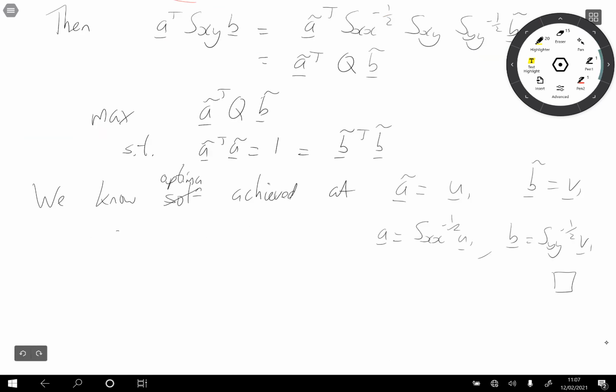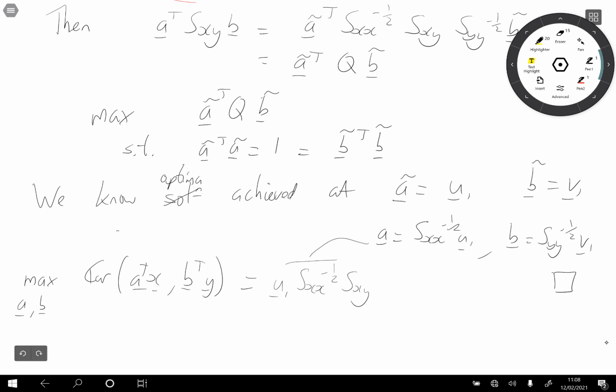So just to finish off then, the maximum of the correlation with respect to A and B, between A transposed X and B transposed Y, is just obtained when we substitute in the values for A and B into the expression. So we're going to get U1 transposed S_XX to the minus half S_XY. So I've substituted A in here.